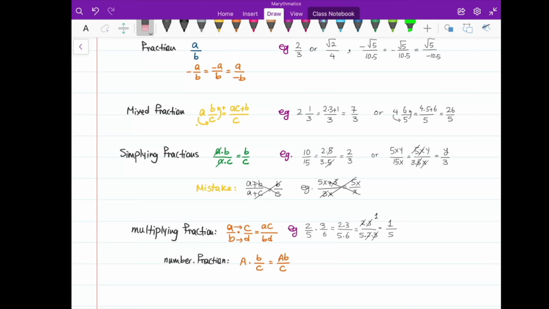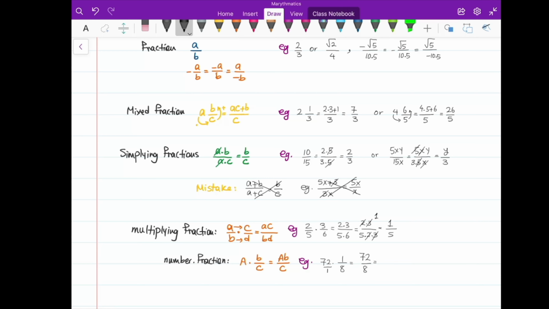For example, in here, what do I have? I have 72 times 1 over 8. Here what I need to do is to multiply 72 by 1 and then over 8. So I can write 72 as 72 over 1. So the answer here would be 72 over 1 times 8, which is 8.